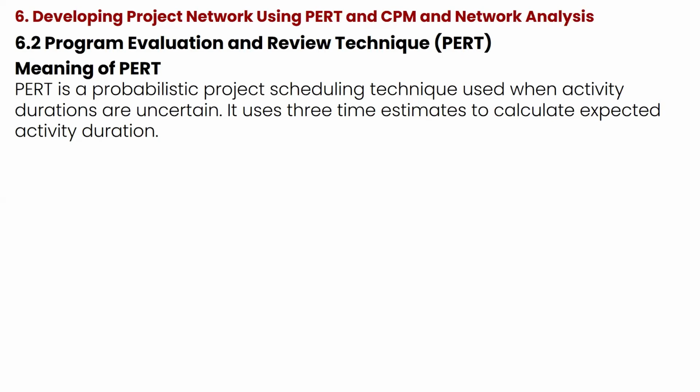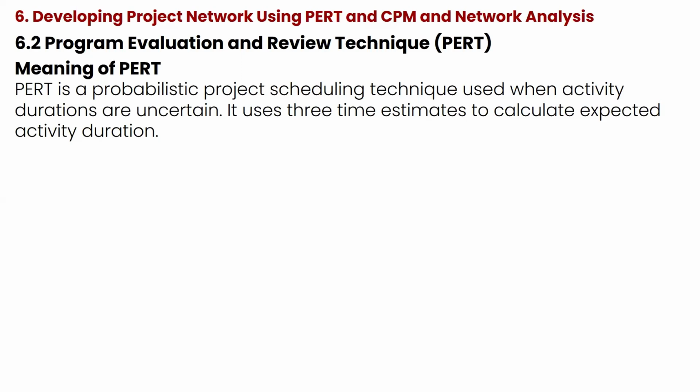So if you are not sure of the time required to complete an activity, then when you want to draw or develop a network diagram, you have no other option but to follow this approach.